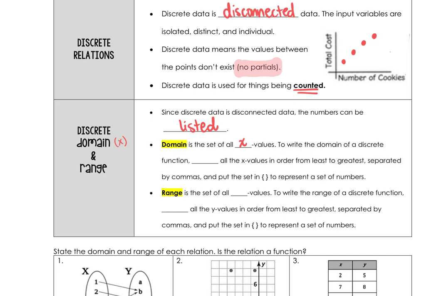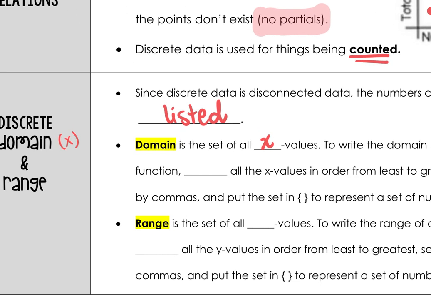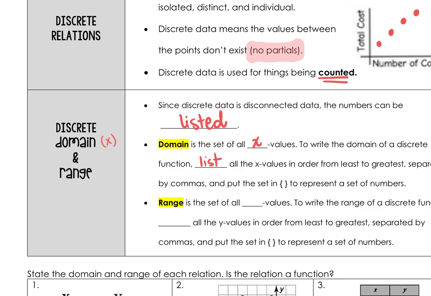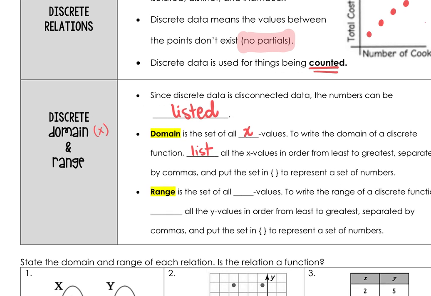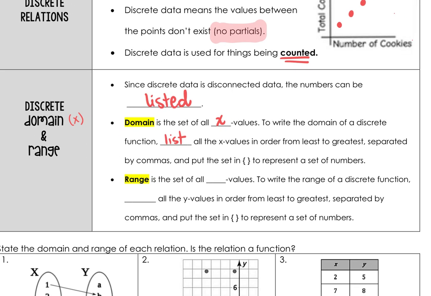And when we write the domain of a discrete function, all we're going to do is list all the x values, and we're going to list them in order from least to greatest. We'll separate those values by commas, and then we're going to put these pretty little brackets at the beginning and at the end to show that they represent a set of numbers.